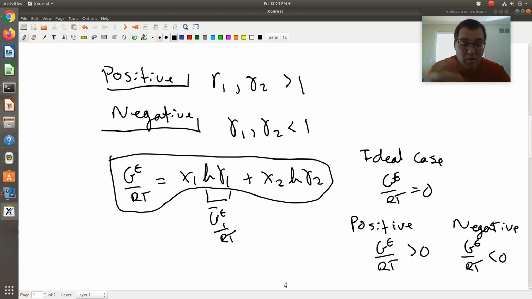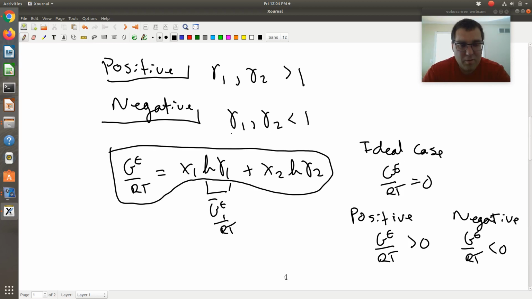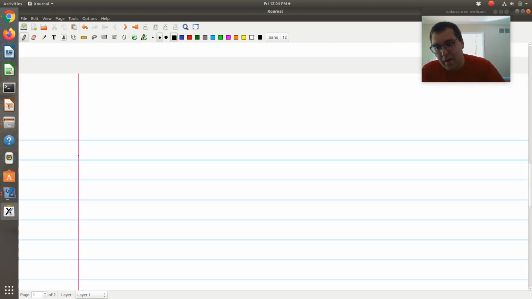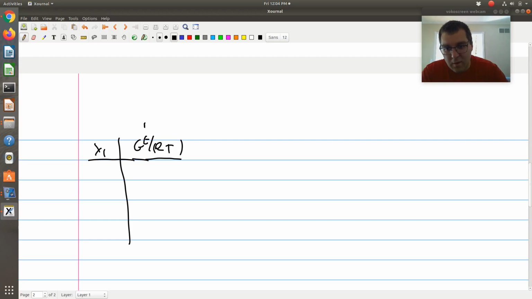All right, and so what I would probably do with Solver is, if I have, say, x1, and then I've calculated, say, GE over RT as a function of composition. Okay, so this would be my actual. Then I could have my model prediction.